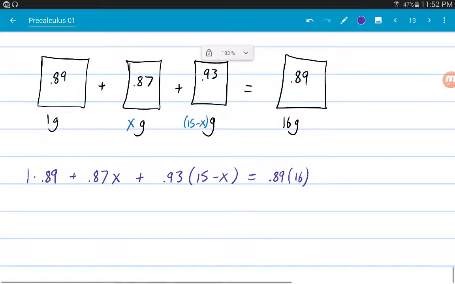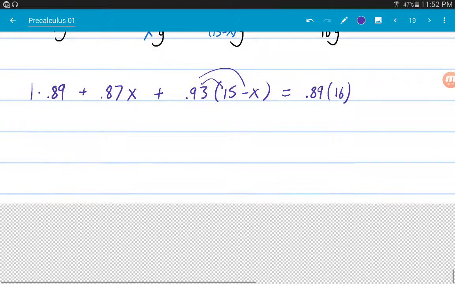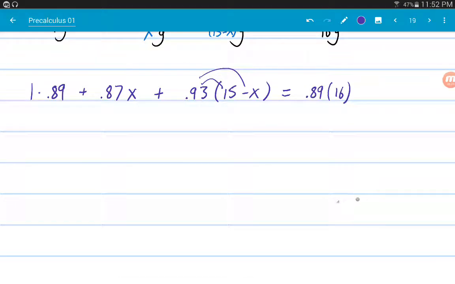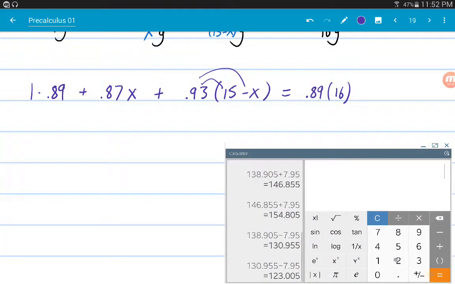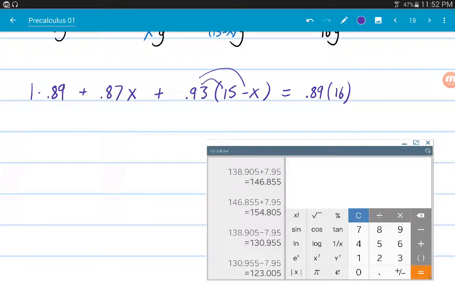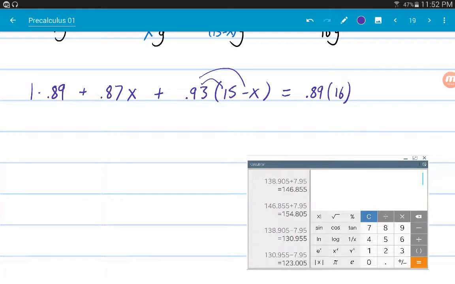I'll finish the answer for you just so you can confirm that I'm correct with the example. Distribute this 0.93. I'm going to want to bring up a little calculator on screen. Okay. It's a little smaller. There we go. So 1 times 0.89 is just 0.89. 0.87x.